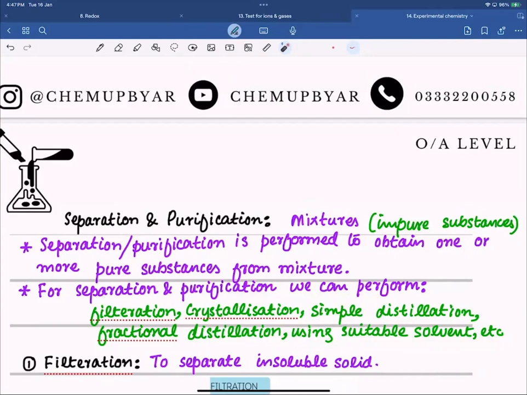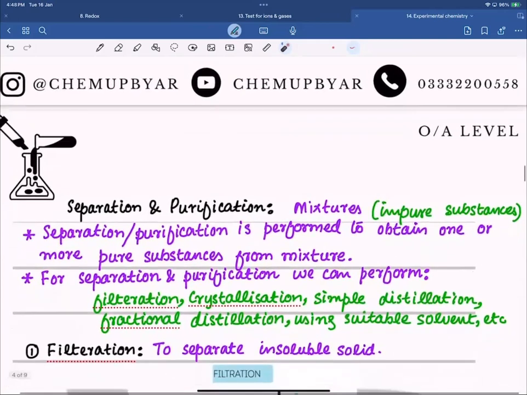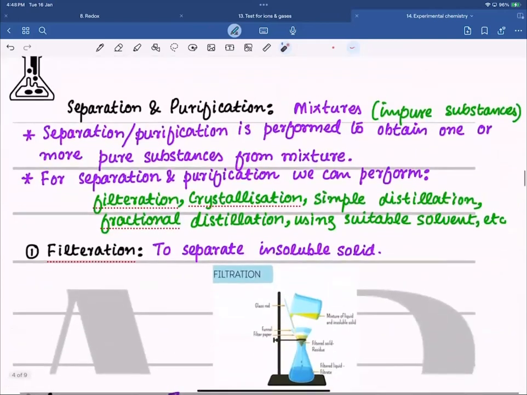These are the techniques we perform to separate the components of a mixture and make the substance pure. Filtration is a very simple technique, and we do it when we have to separate an insoluble solid from a liquid.